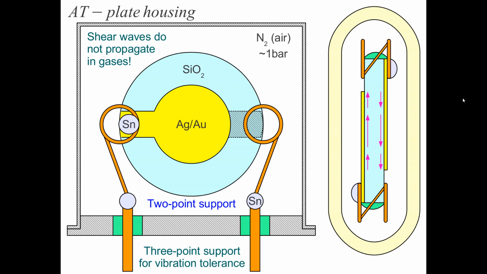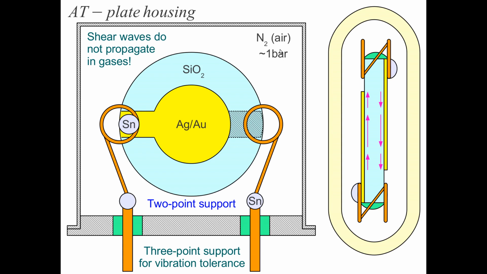So the shear waves here; we also see the top of this package. We also have represented the shear wave, the movement of the shear wave, and since the main waves inside our plate are shear waves, they do not couple to this nitrogen or air inside the crystal housing.